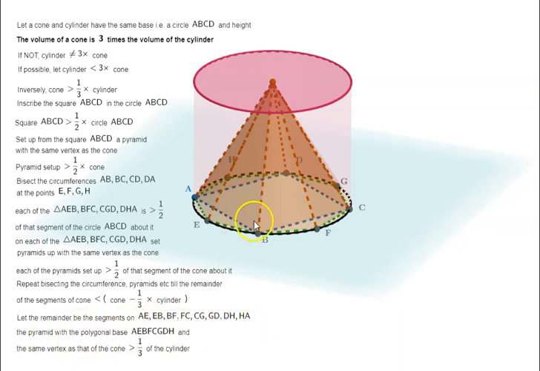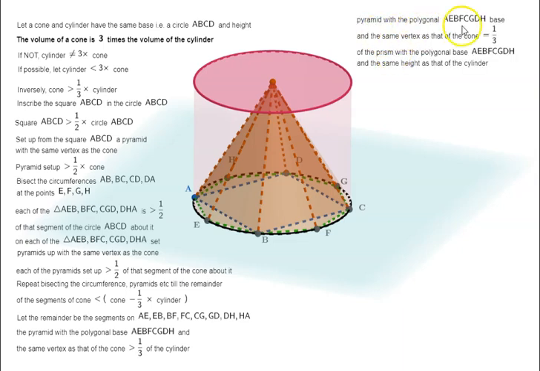The pyramid with the polygonal base AEBFCGDH and the same vertex as that of the cone is greater than 1/3 of the cylinder. The pyramid with the polygonal base and the same vertex as that of the cone is equal to 1/3 of the prism with the polygonal base AEBFCGDH and the same height as that of the cylinder.